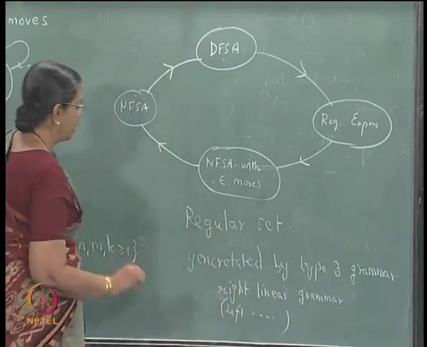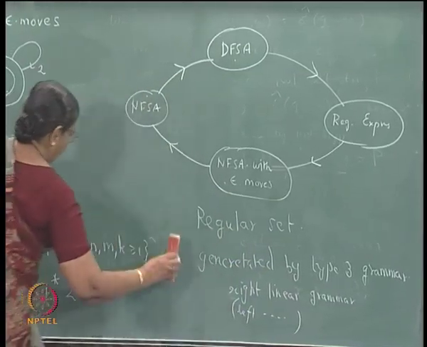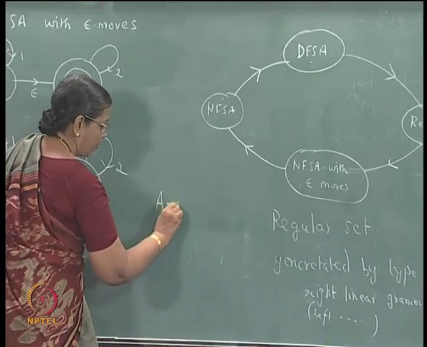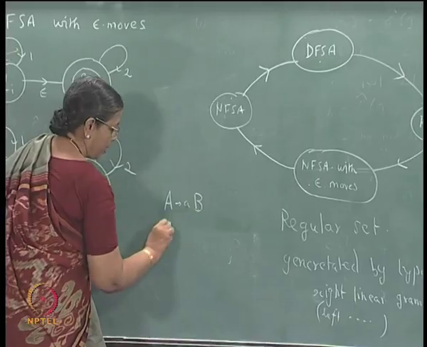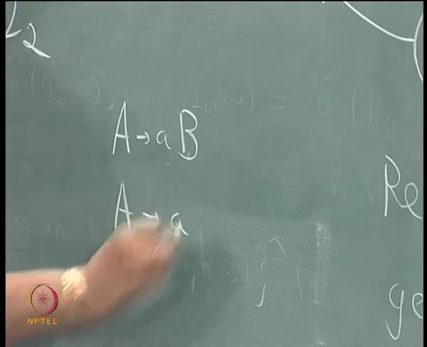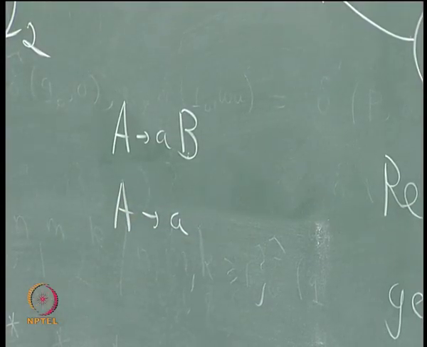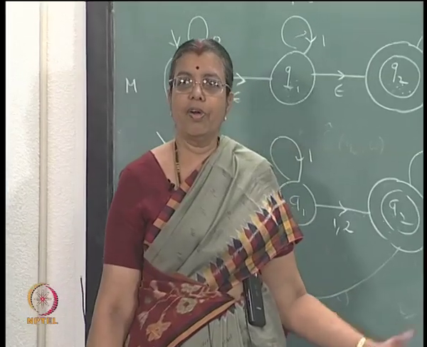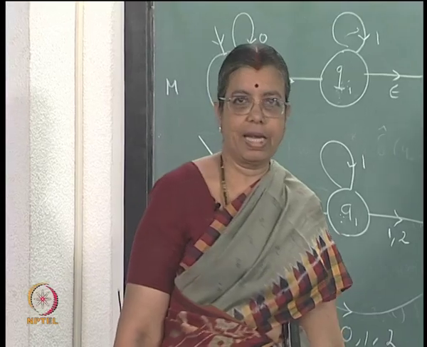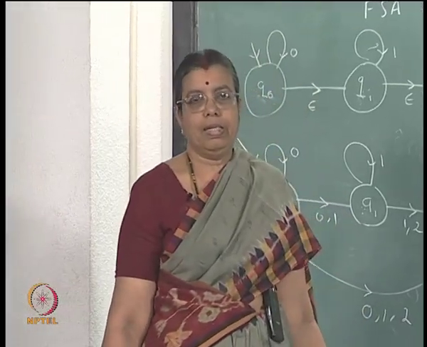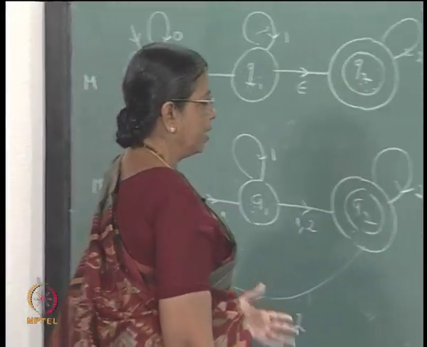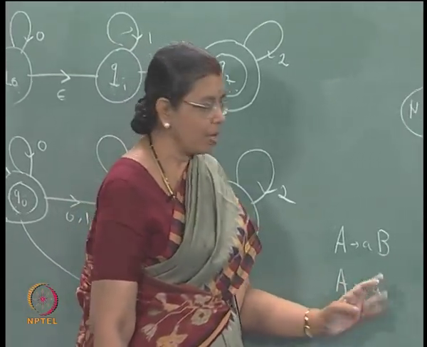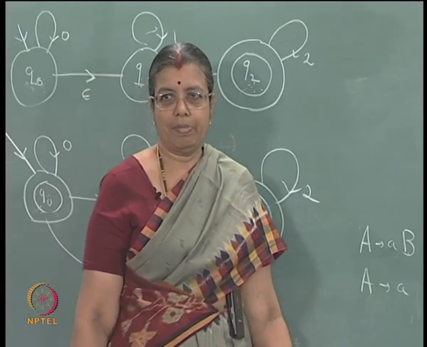What is a right linear grammar? If the rules are of this form, this is called a right linear or a regular grammar. Of course, when you want to accept epsilon, you must make a slight distinction. S goes to epsilon, you must allow, or sometimes A goes to epsilon also you may allow, it does not matter much.